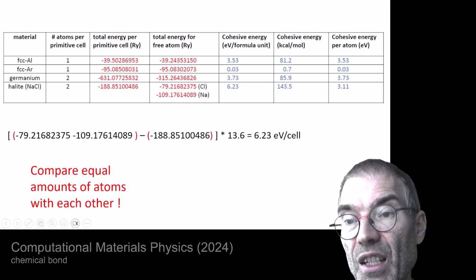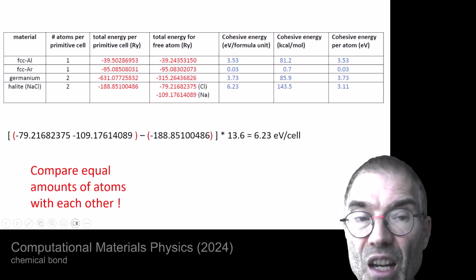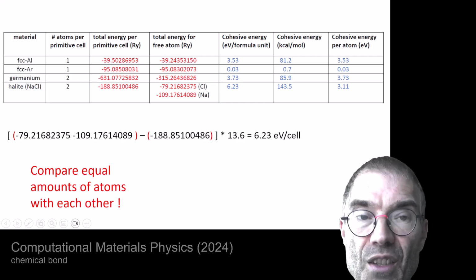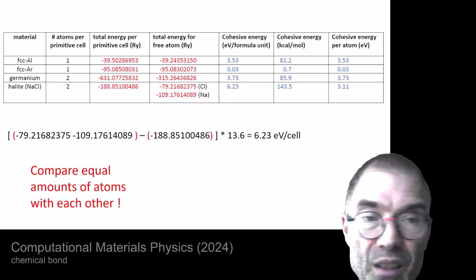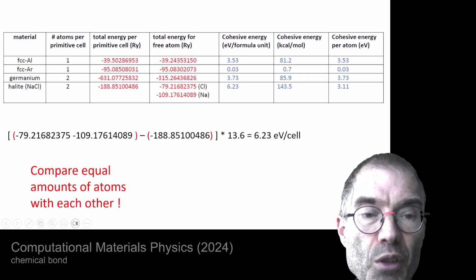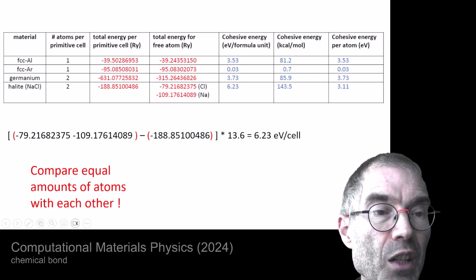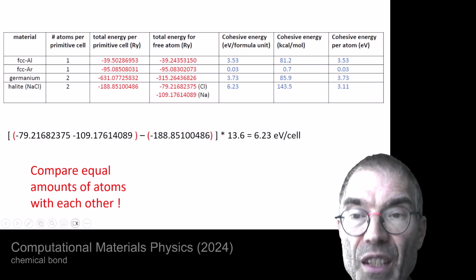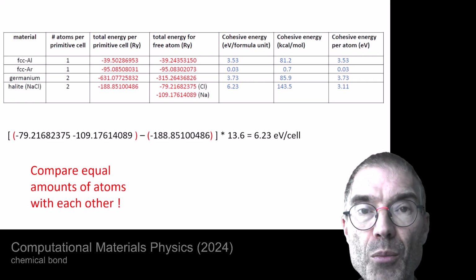Not surprisingly, this happens for this noble gas crystal FCC argon that can exist only at very, very low temperature because normally argon is a gas. So calculating the cohesive energy is a way to find out at least what is van der Waals bond and what is not van der Waals bond.